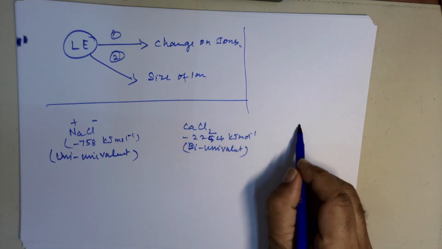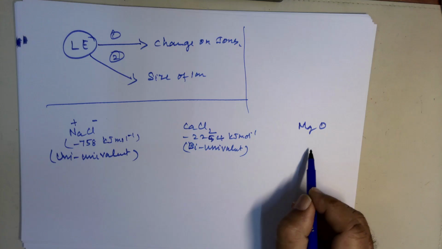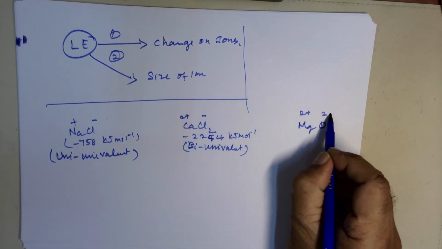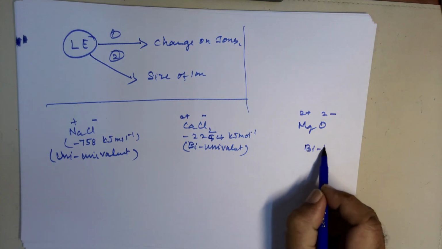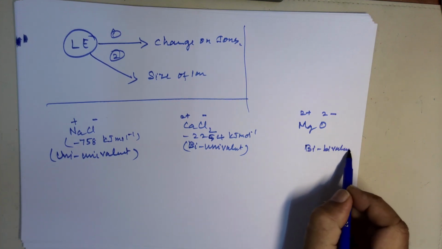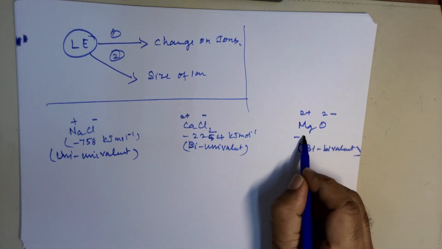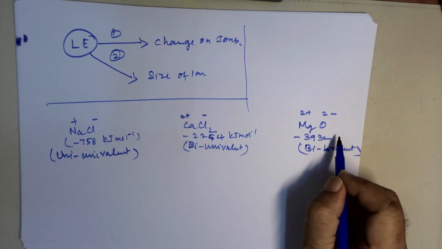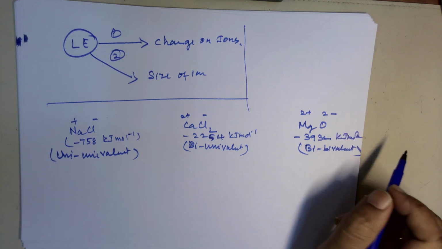And what about magnesium oxide, MgO? This is 2 plus and this is 2 minus, so this is called bivalent. Do you understand this concept? Here the energy is minus 3932 kilojoule per mole.